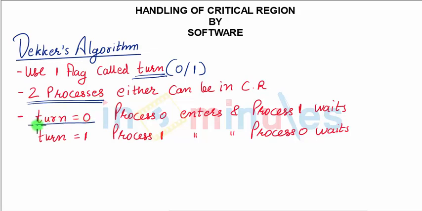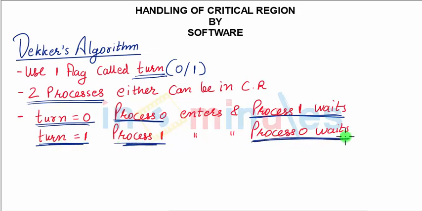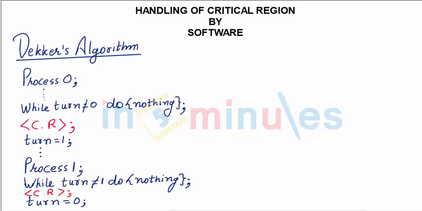When turn becomes 0, process 0 will enter and process 1 waits. When turn is equal to 1, process 1 will enter and process 0 waits. So as we have said, either can be in critical region, both cannot be in the critical region. Let's see the algorithm. The algorithm is fairly simple and direct.